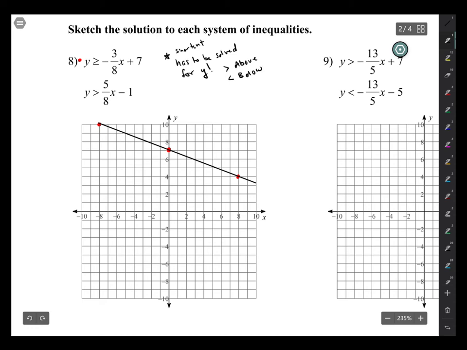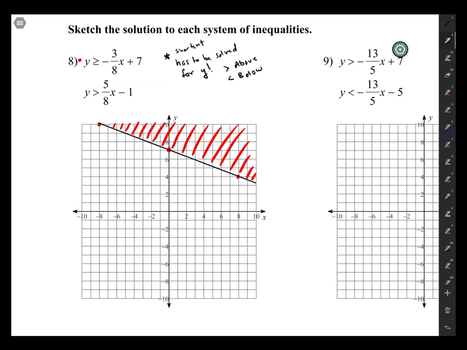So you can certainly do the test point method still, but for a shortcut, if it's greater than, and it's solved for y, it has to be solved for y, then we will just shade above. So now as we're shading this, just kind of do it lightly. Just give yourself an idea, and it's going to be shaded above. Again, you can use a test point, and you'll find it'll work out as well.